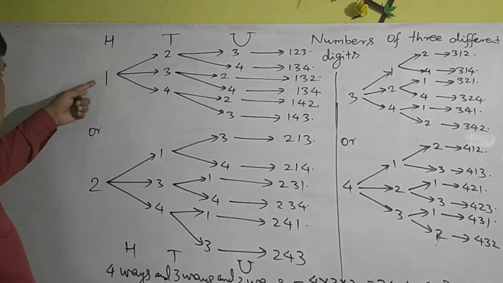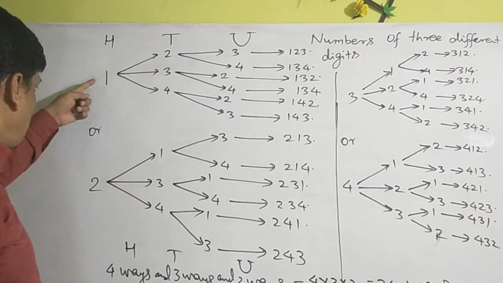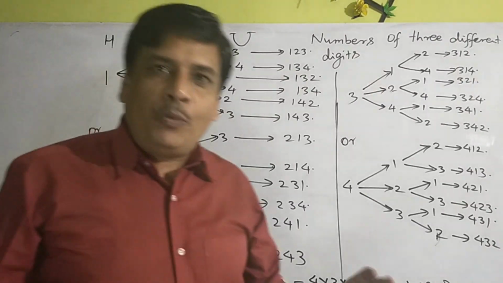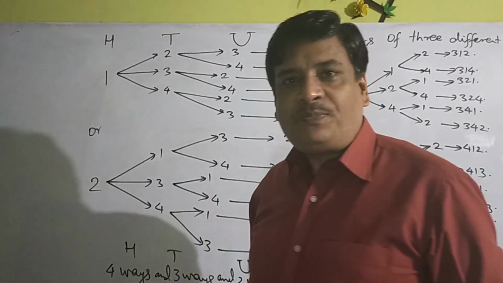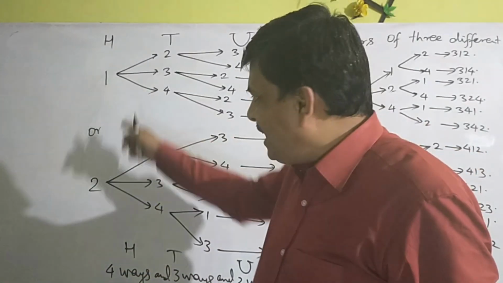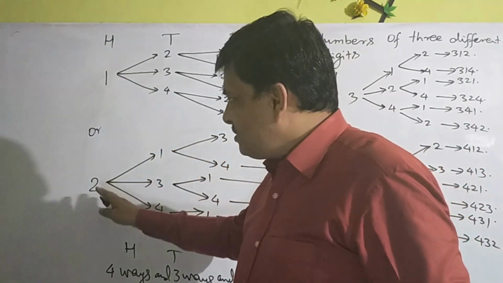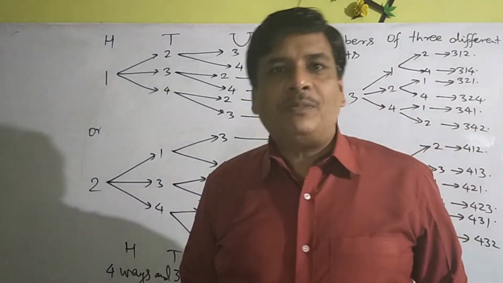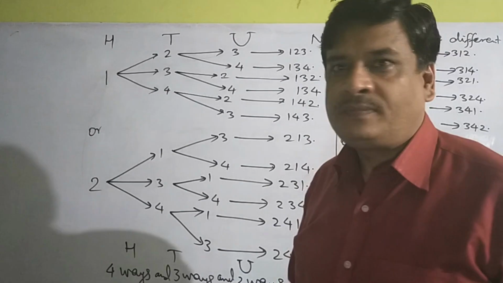Addition principle, for filling the hundreds place, we have 4 choices, 1 or 2 or 3 or 4. So how many ways total we have to fill up the hundreds place? We have 4 ways. How do we find? By adding all these ways. First, one way, second way, third way, fourth way. So the total number of ways by which hundreds place can be filled up is 4 ways.